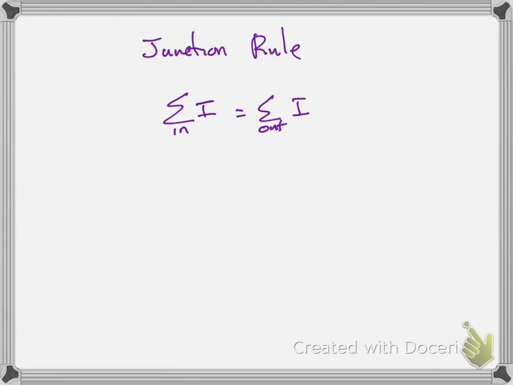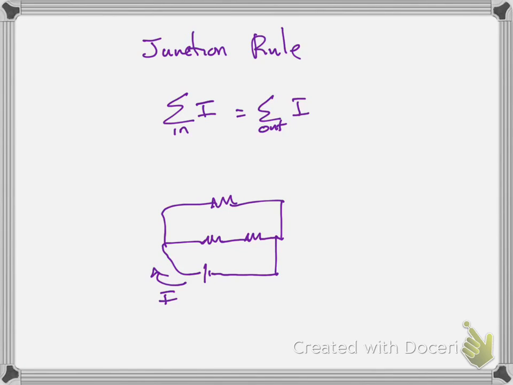So again, let's take the same circuit. Two resistors in series in parallel with one. There's current leaving the battery here, and then there's current I1 that goes through that resistor, current I2 that goes through that resistor, and current I3 that goes through that resistor.